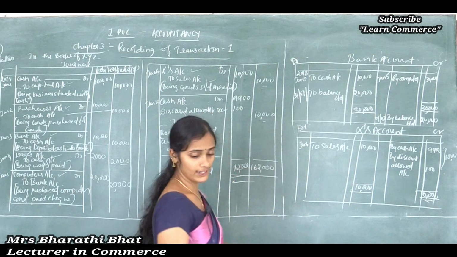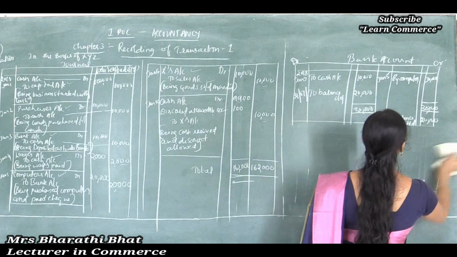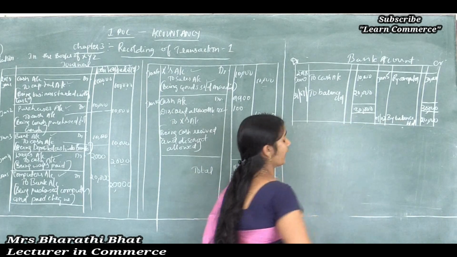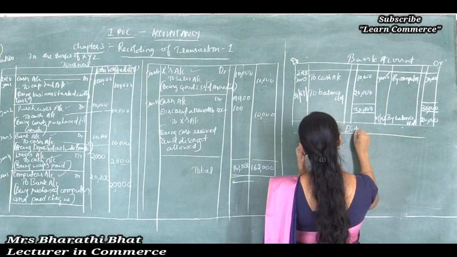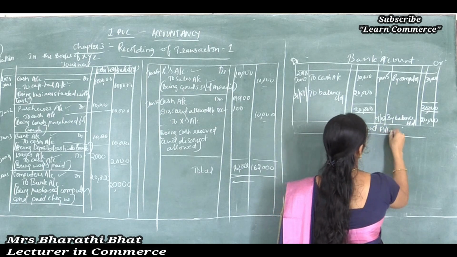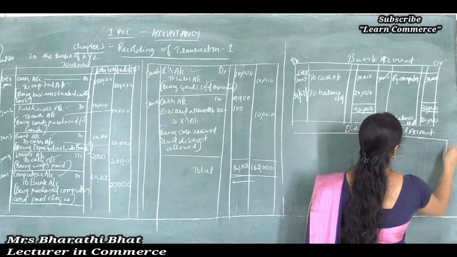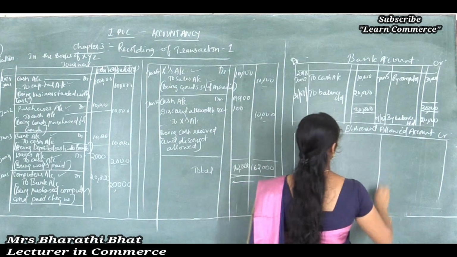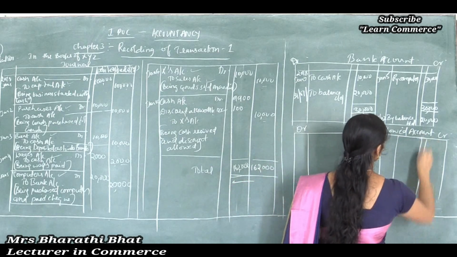And the next only one account is remaining, that is what? Discount allowed account. So how can we record discount allowed amount in discount allowed account? See, discount allowed account, credit and debit, date, particulars, amount, date, particulars, amount columns.